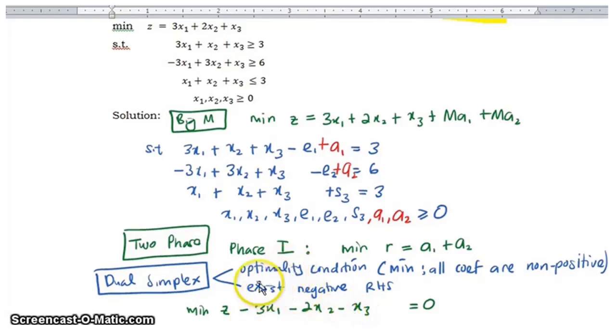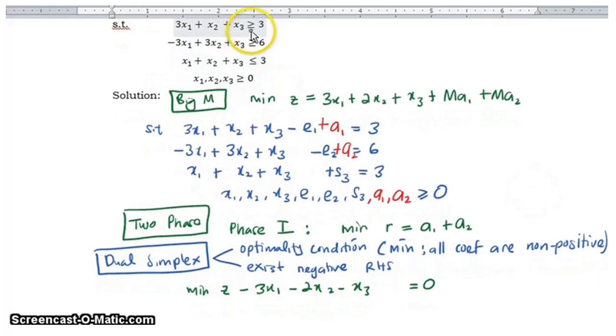Therefore, one of the optimality conditions has been satisfied. Now, look at the constraints. There is no negative right-hand side. But since we need to solve this problem by using the dual simplex, we need to change the right-hand side of any of the constraints to become negative.